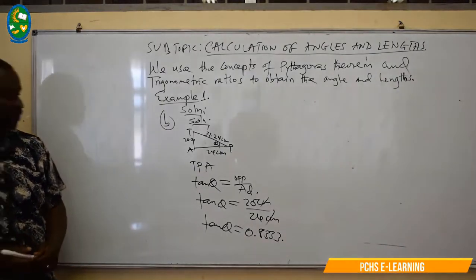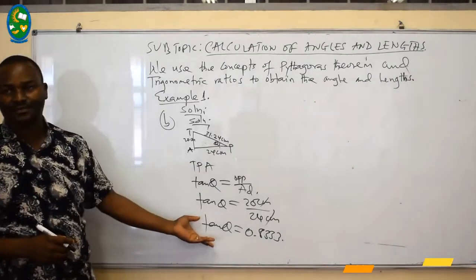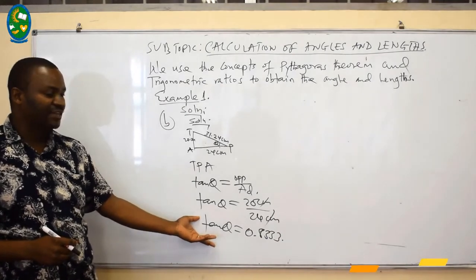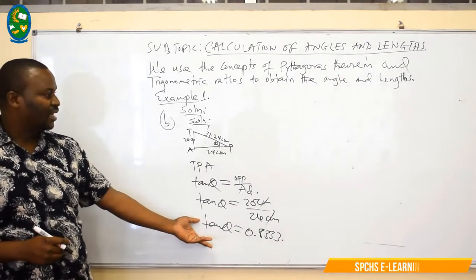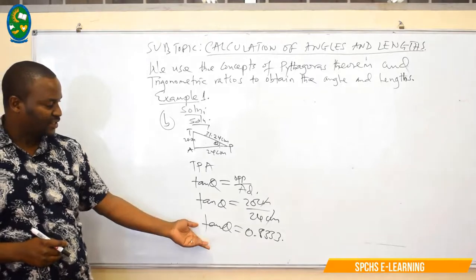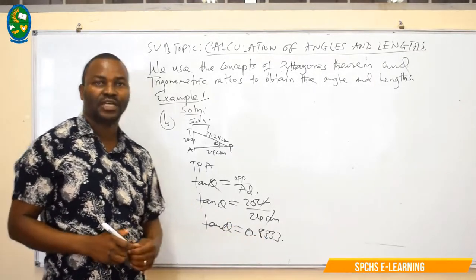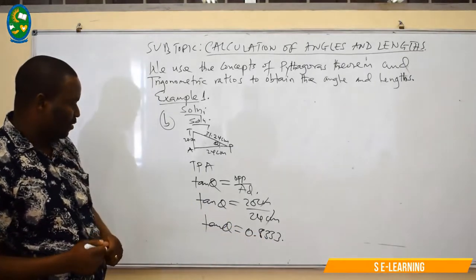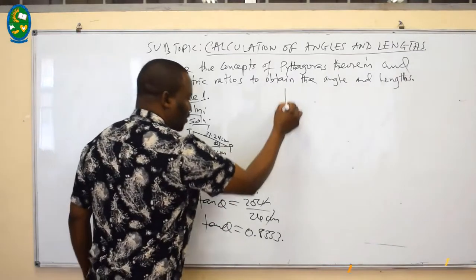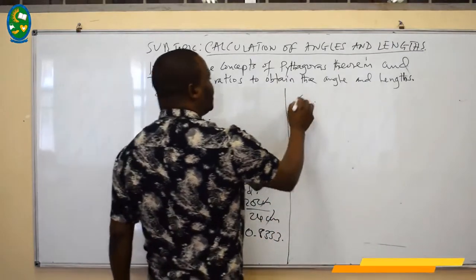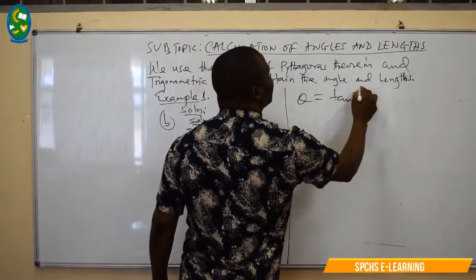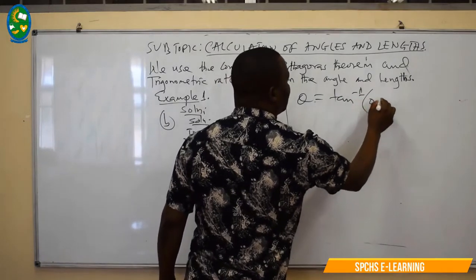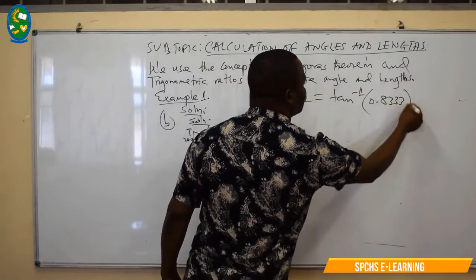In order to get theta, we must have the tan inverse of this value so that we can get the angle. Theta will be equal to tan inverse of 0.8333.